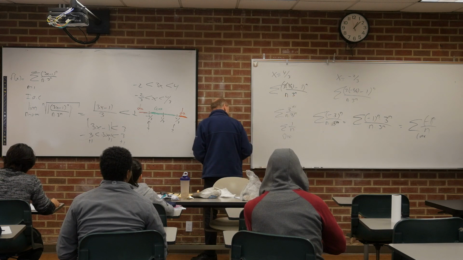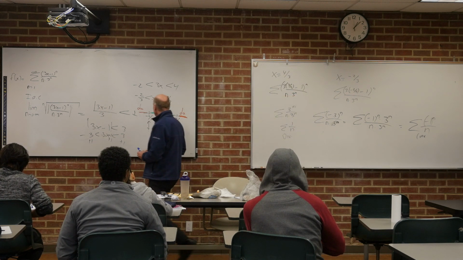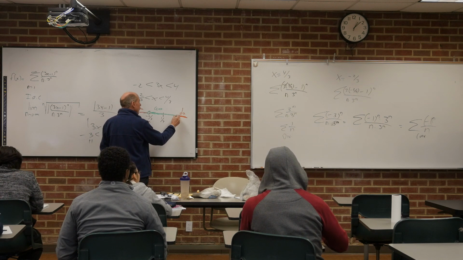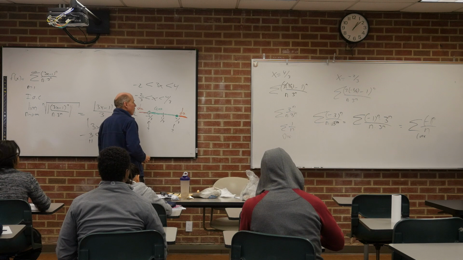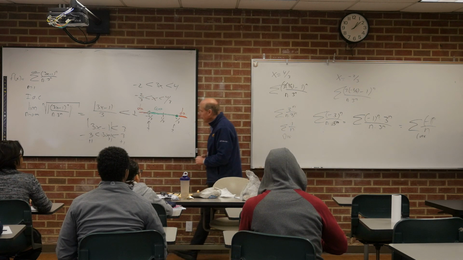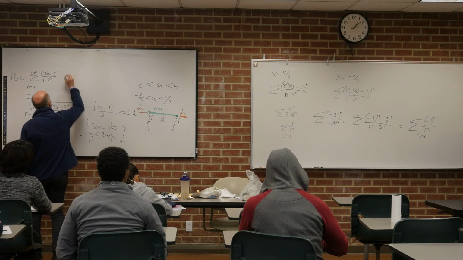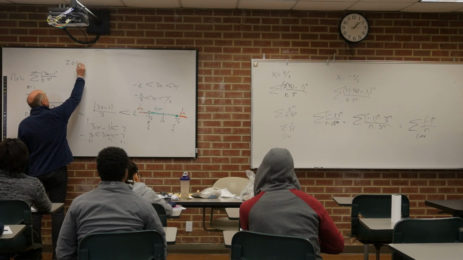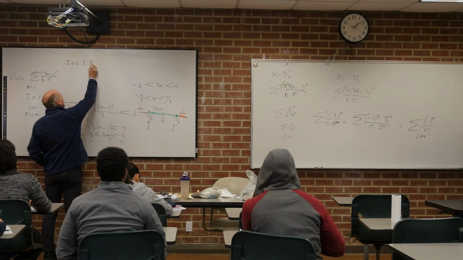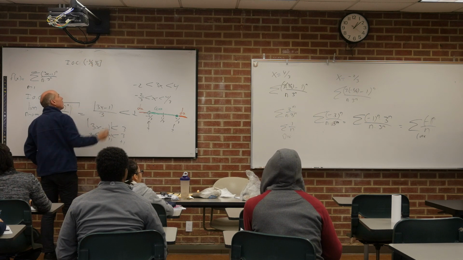So we got, I'm doing this in green, I guess, negative 2/3 gave us divergence, and 4/3 gave us convergence. So the interval of convergence, the values of x that you're allowed to plug in there, in interval notation, looks like this.